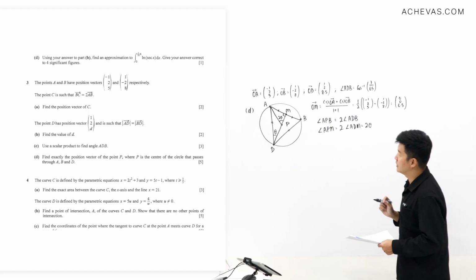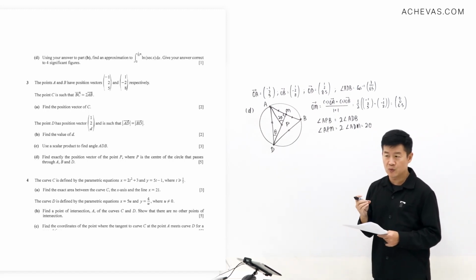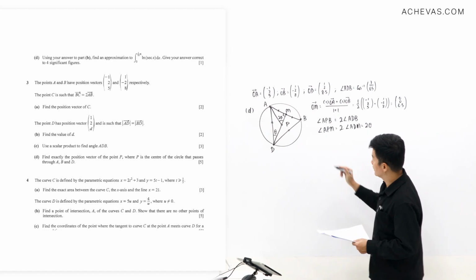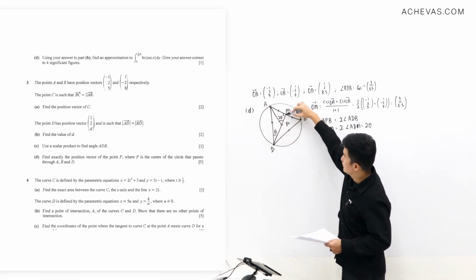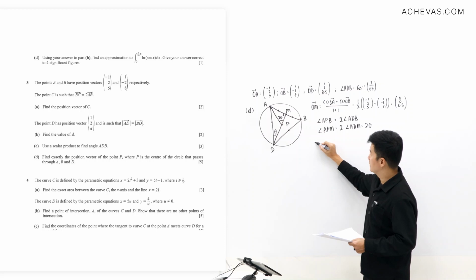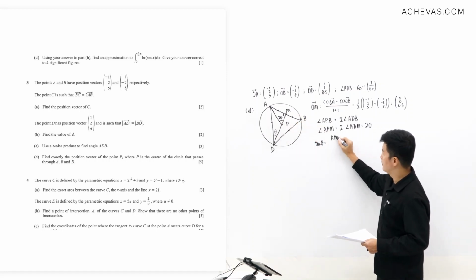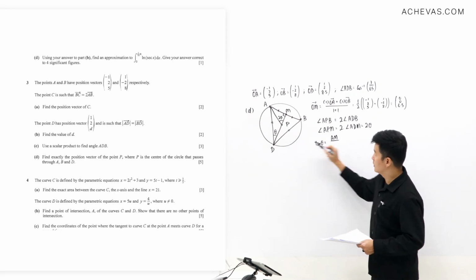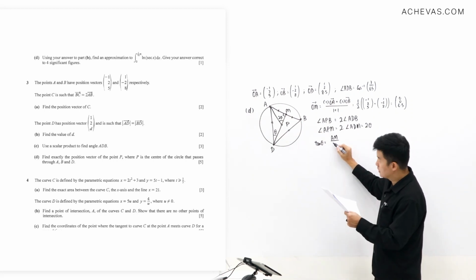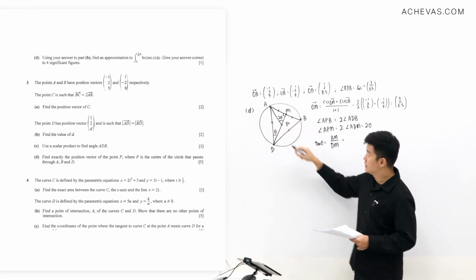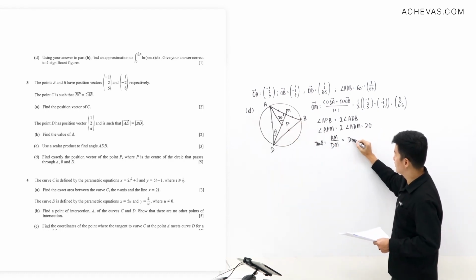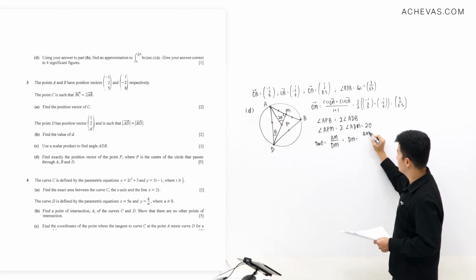And the reason why I'm doing this is because I am going to use the properties of right-angled triangle. For example, if I were to make use of this right-angled triangle, then we know that tangent theta is going to be opposite, which is AM, over the adjacent, which is going to be DM. And I'm interested in this adjacent length, which means that DM here is going to be equal to AM over tangent theta.